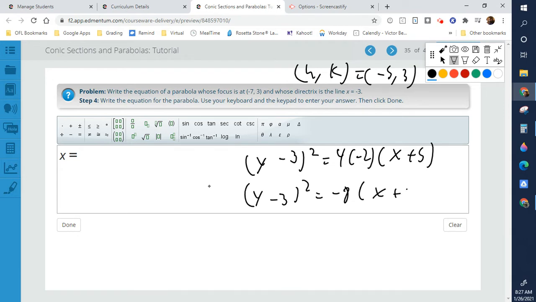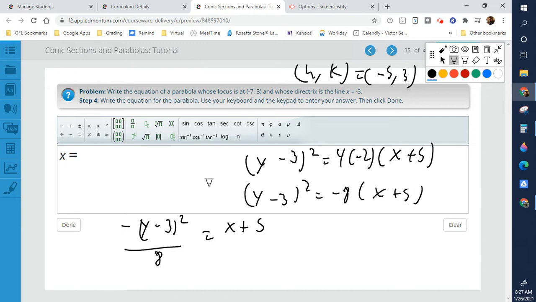What we can do is just divide by -8. So we get negative y. Oh, shoot. That was not supposed to be a plus. Negative y minus 3 quantity squared all over 8. This is equal to x plus 5.